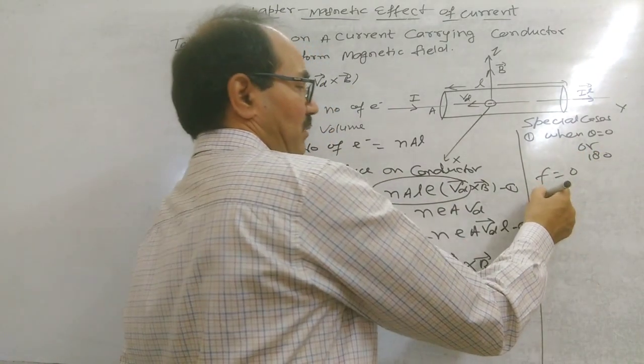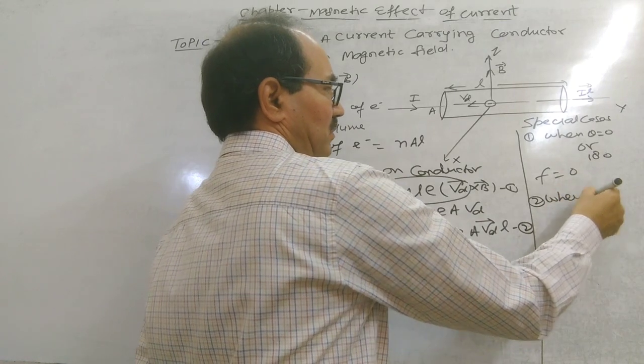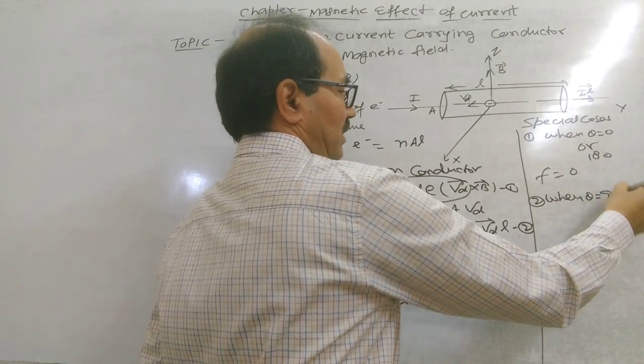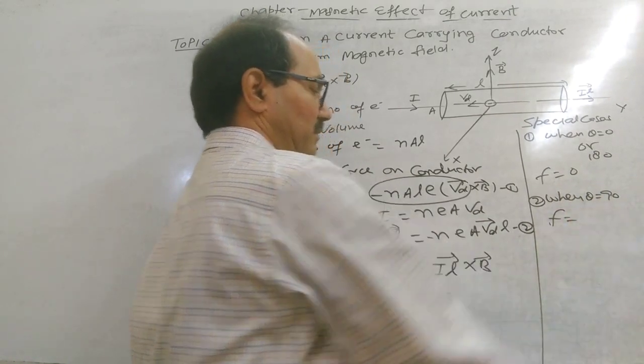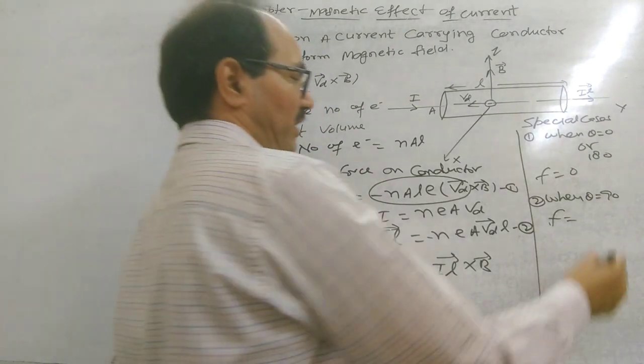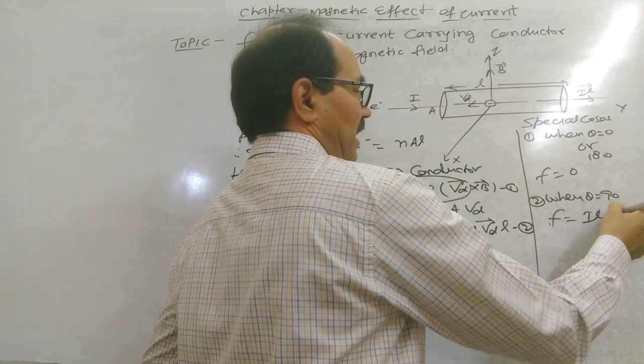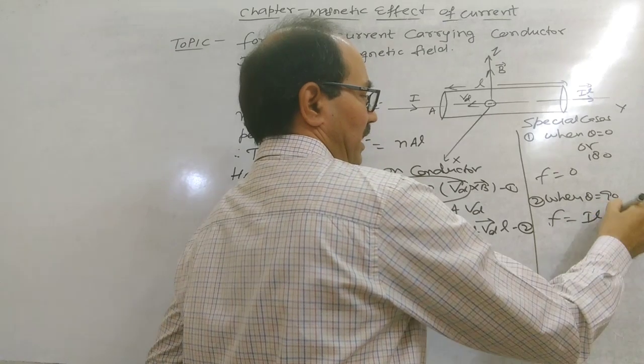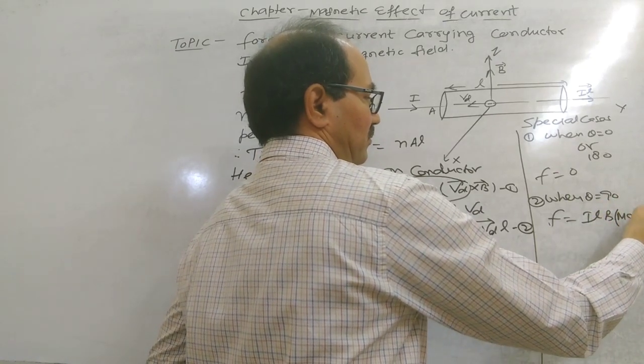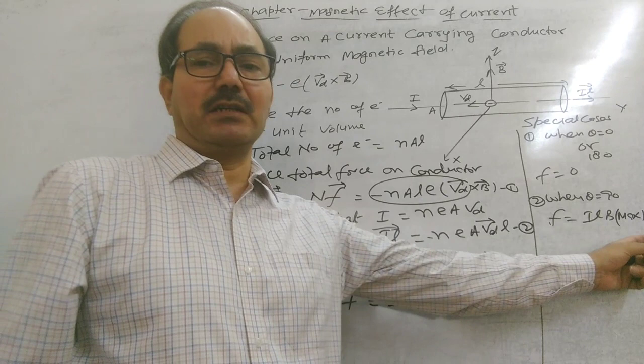Now number 2, when theta is equal to 90 degree, then sin 90 is 1, then force F is equal to ILB. This is maximum force on the conductor.